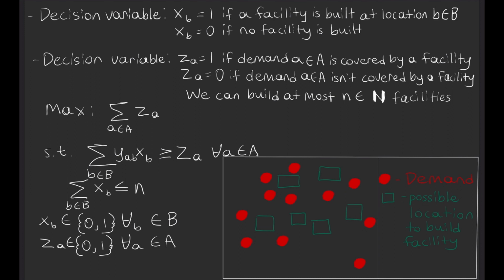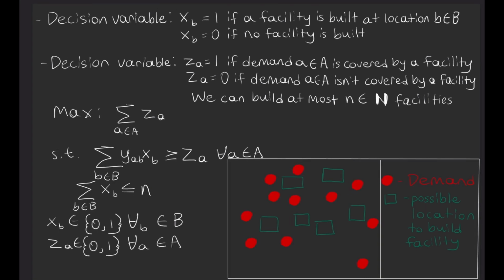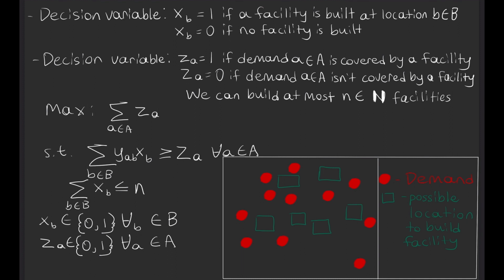Meanwhile, in this ZA variable, we are only considering if the demand A is met by any facility at all. Also, at most, we can build n facilities. N is a natural number, so 0, 1, 2, 3, it cannot be a decimal. It's just good to include that so that we don't have to worry about non-integers.